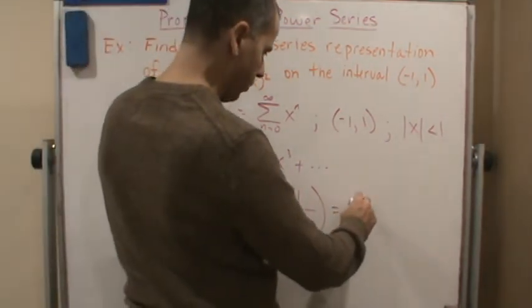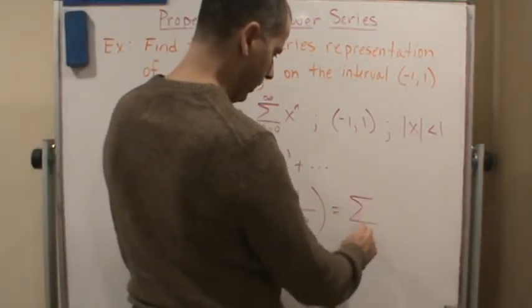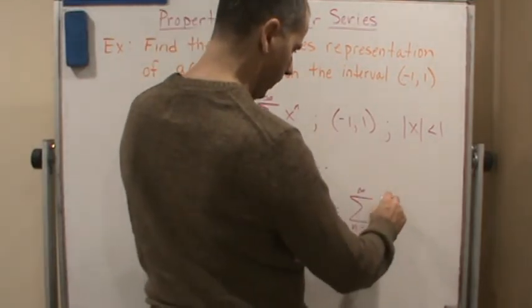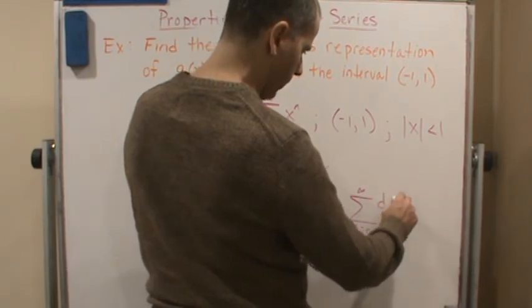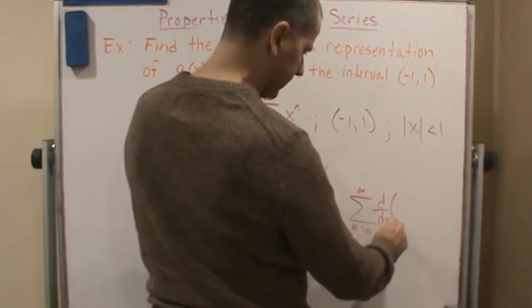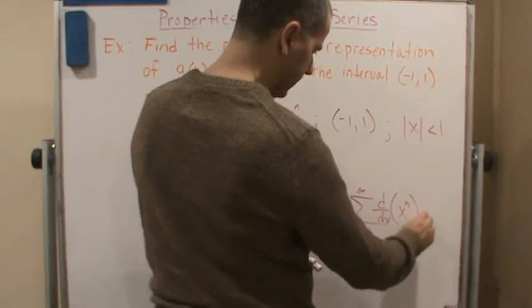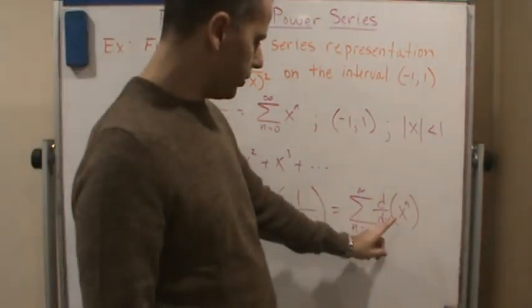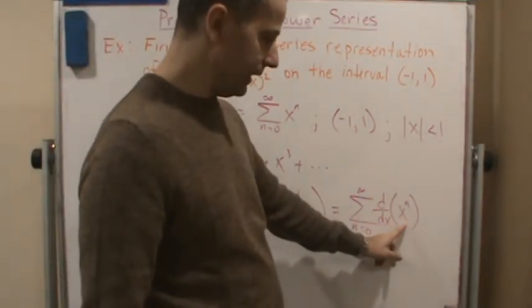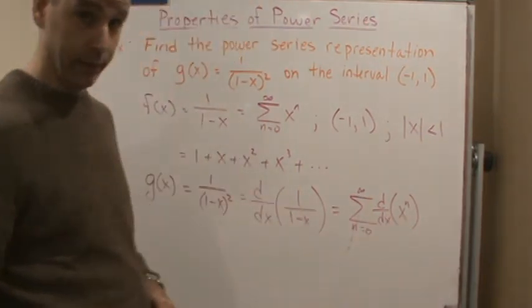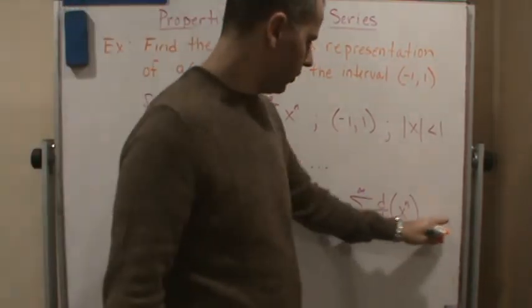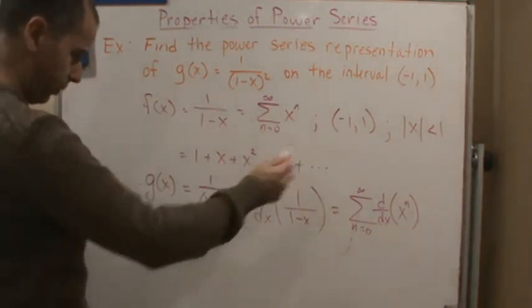So that means this is going to be equal to the sum from n equals 0 to infinity of what? Of the derivative of each term. So it's going to be the derivative with respect to x of what? X to the nth power. And so now here's the thing. What we could do is use the derivative on the nth term expression. Okay? And so what happens when we do that? Again, we can do this term by term, watch, but you'll see where I'm going.